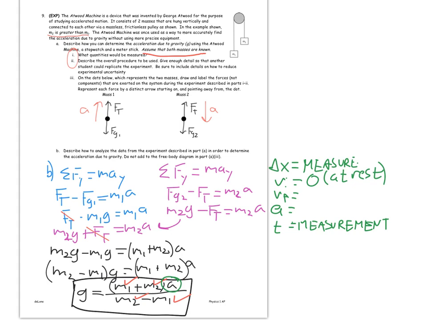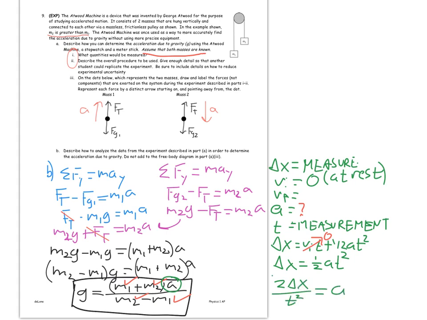Solving for the acceleration, I set up delta x equals v_i t plus 1/2 a t squared. That initial velocity term goes away because my initial velocity is 0. What I'm left with is delta x equals 1/2 a t squared. Rearranging for a, I get a equals 2 delta x over t squared.